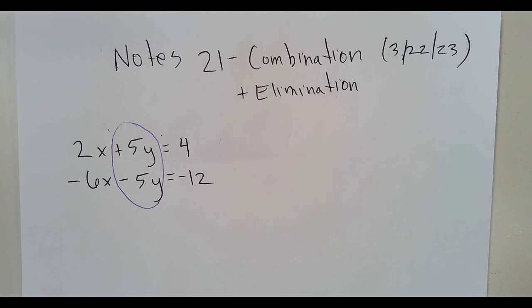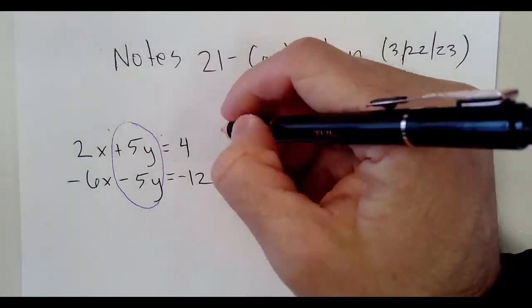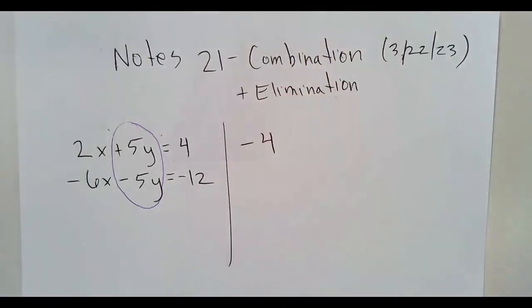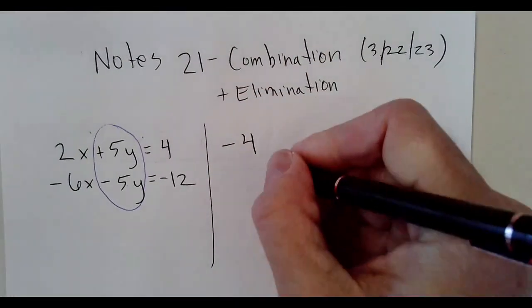So today what we're going to do is add one more layer to the onion, I suppose you could say, and do a slightly different type of problem. And here's an example of one.